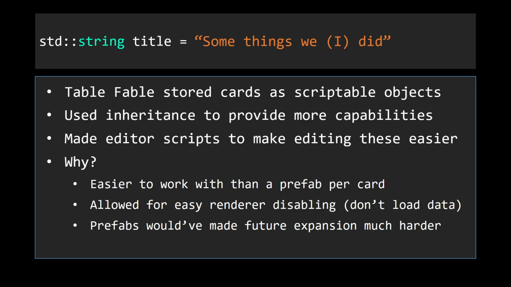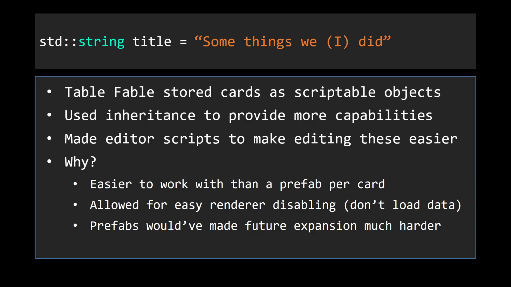It also meant we can easily disable rendering by just not loading the data. And instead of having to load some default data somewhere else, we just don't do it. It works out decently well. You could do it with everything being in a single class, but scriptable objects did make that slightly more easy to come up with, you could say. Because working with scriptable objects does change your workflow.